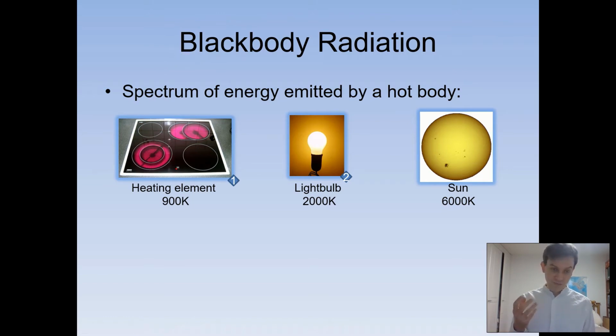And at low temperatures, let's say like 900 Kelvin here, as in these cooking elements here, it will start to glow a very sort of dim red color. And as you increase the temperature up to about 2000 Kelvin, it will start to go a more sort of orangey yellow color. And then if you go up to something like 6000 Kelvin, which is the surface temperature of our sun, then it will appear, to the human eye at least, to be nearly white light.